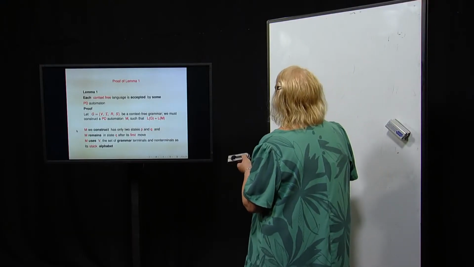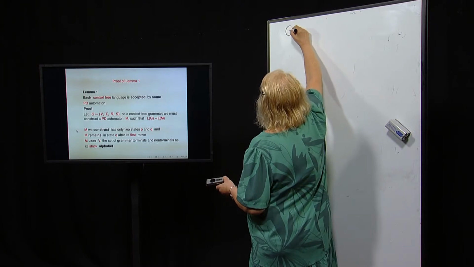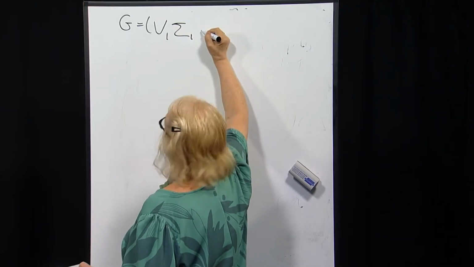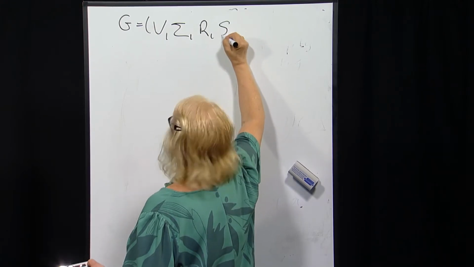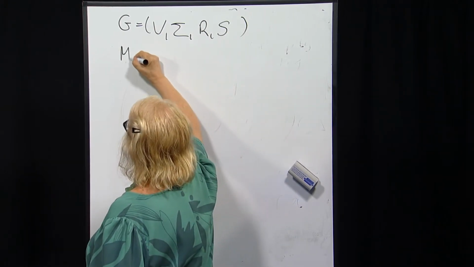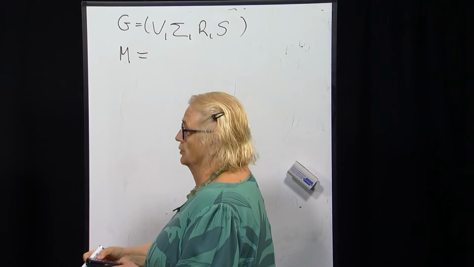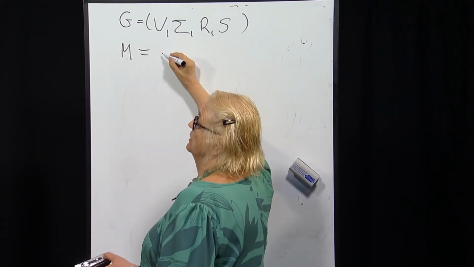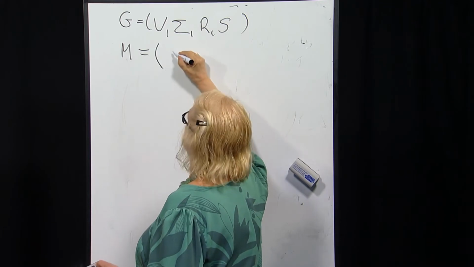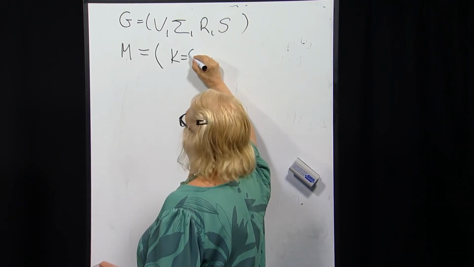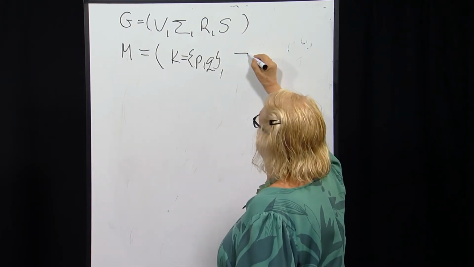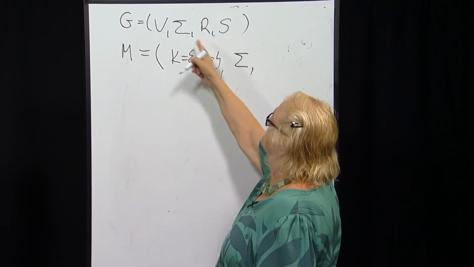It means you have G, which is V, sigma, R, capital S, and I want to construct M, which has K equal to the states P, Q. Sigma is sigma.